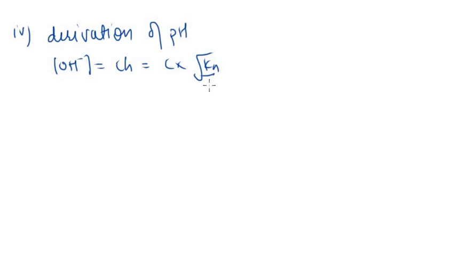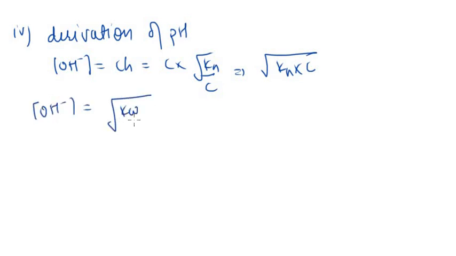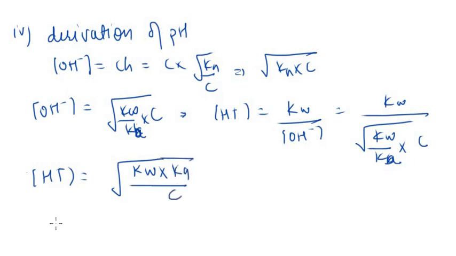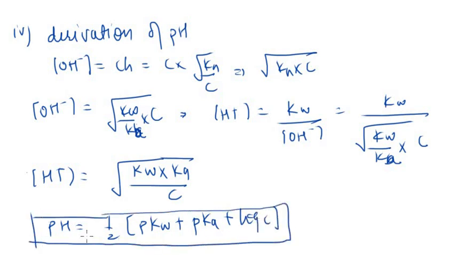C into h, where h was root of KH upon C, gives root of KH into C. So the concentration of OH minus is the root of KW upon Ka into C. Now H plus will be KW upon OH negative, which is the root of KW into Ka upon C. So the pH turns out to be 1 by 2 of pKw plus pKa plus log C.